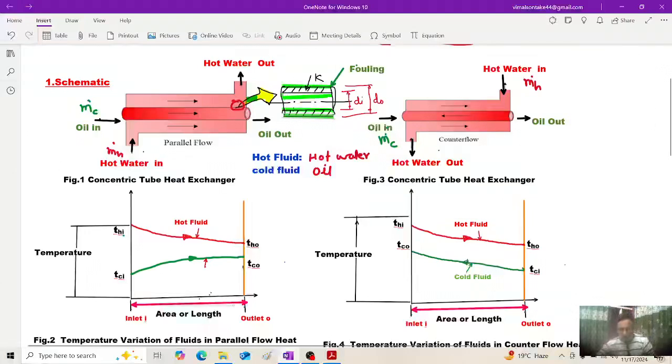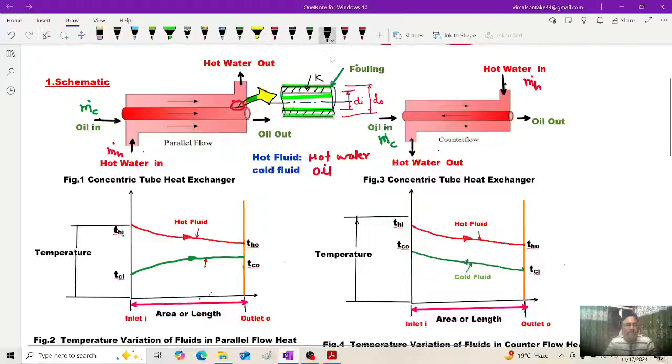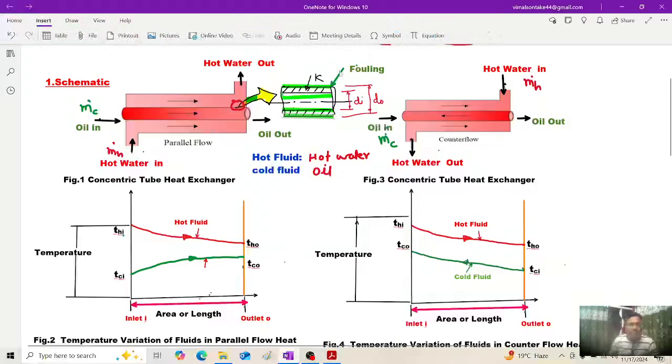Now, as shown in this figure, the green color surfaces represent fouling on the inner surface of the tube and the outer surface of the tube.